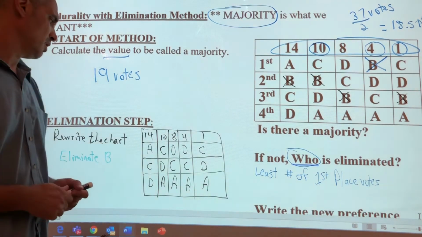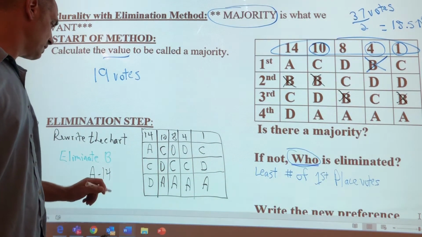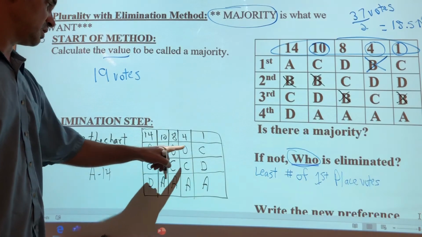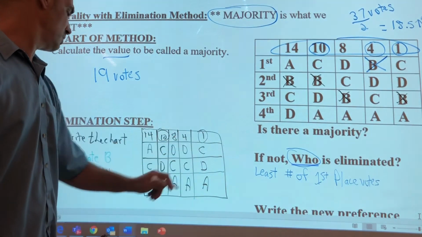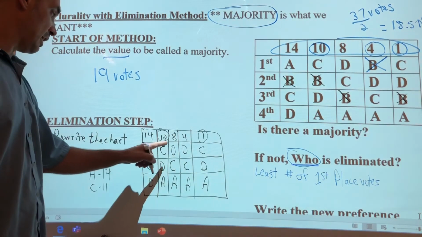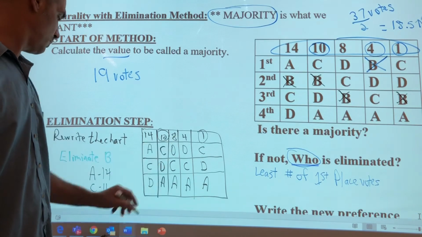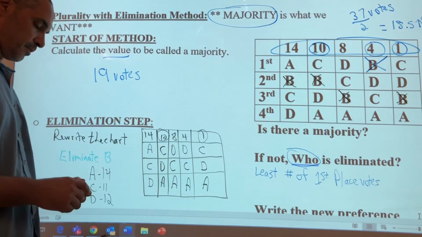So let's see. A has 14, so A has 14 first place votes. C still has 11, these 10 and that 1. So C has 11 first place votes, and D has 8 plus 4, D has 12 first place votes.